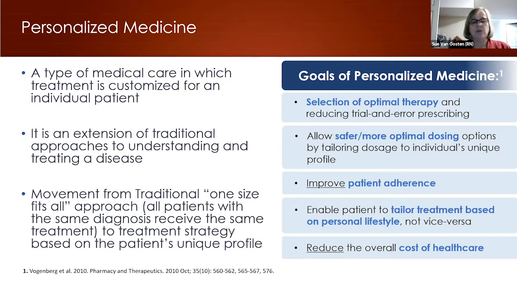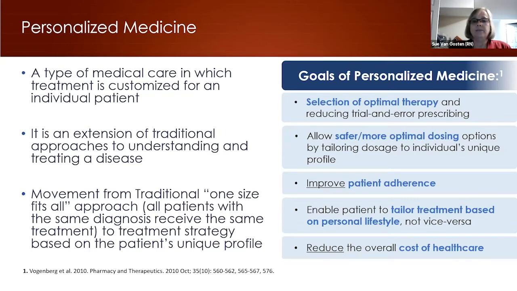So as Dr. Robinson said, the one-size-fits-all approach is becoming a little bit passé, and we're trying to change it up so that we can look at each patient individually and help them to customize their approach of treatment for themselves and their lifestyle.